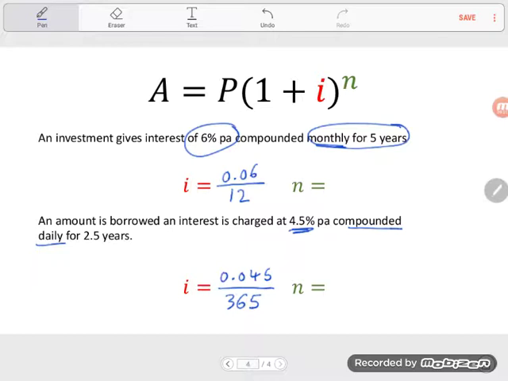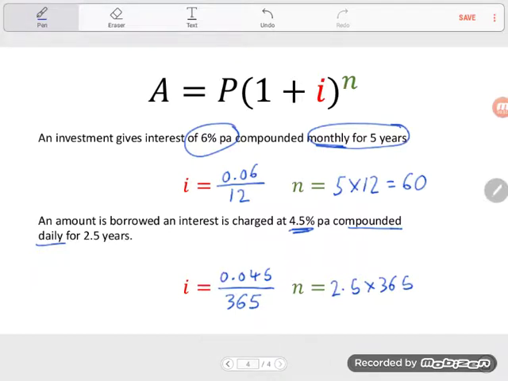Now for the N value, we take the number of years and multiply that by periods per year, 12. So for this account, the N value, the number of periods, is 60. Think about it, 5 years monthly, 12 times a year for 5 years, that's 60 times. Here we've got 2.5 years, 2.5 by 365 times a year. And what does that give us?